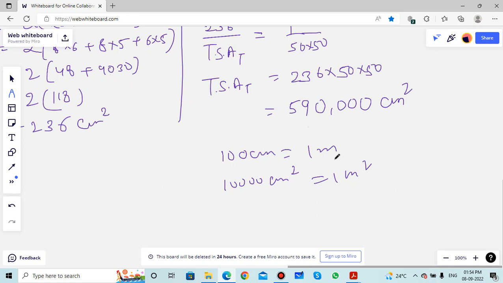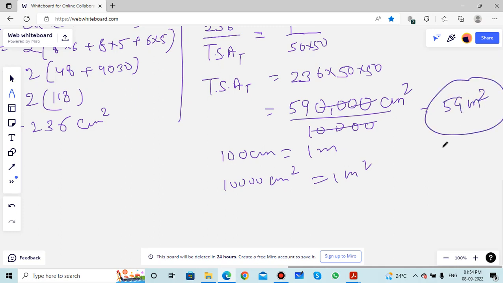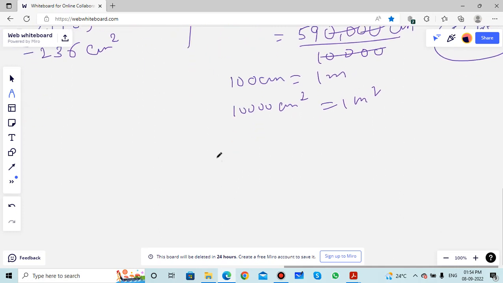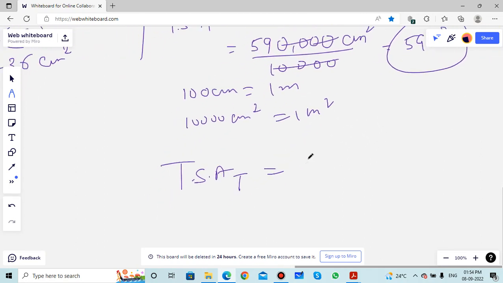So if we divide by 10,000, it will get converted to meter square. Okay, so 4 zeros got cancelled. That becomes 59 meter square, and that is the total surface area of the tank. So we got 59 meter square, and that should be the answer.